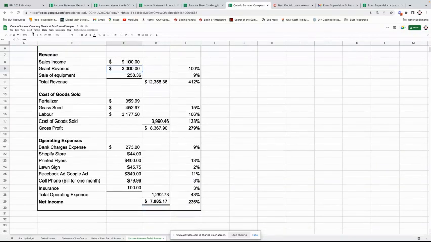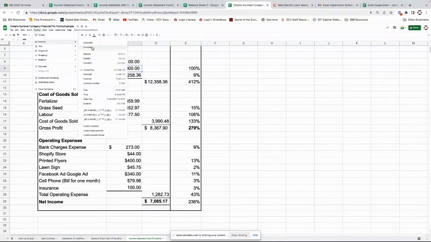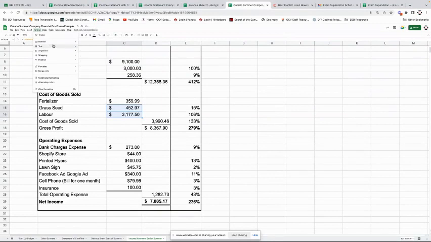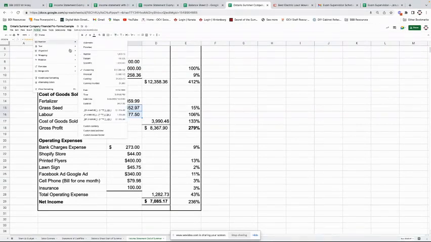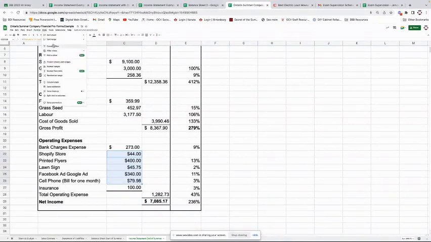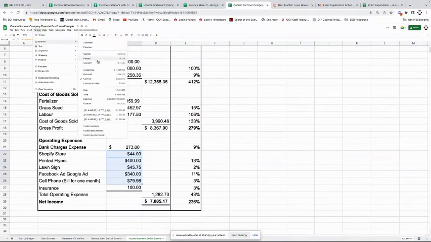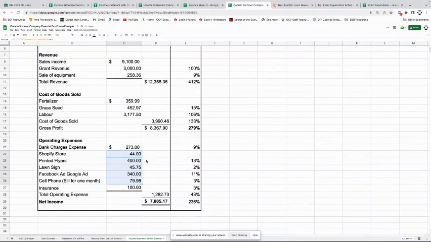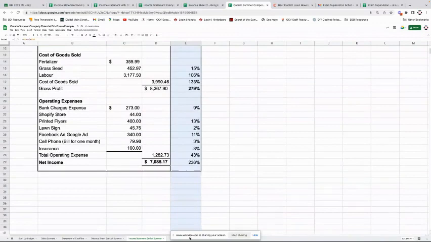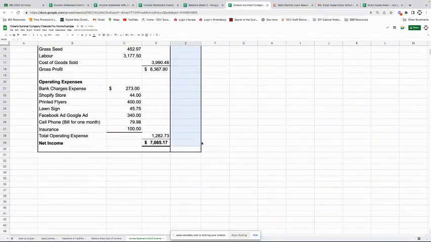Let's clean this up just a little bit more. Format, this is going to be financial. Format those numbers as financial, format all of these. Now, let's just get rid of these for right now.